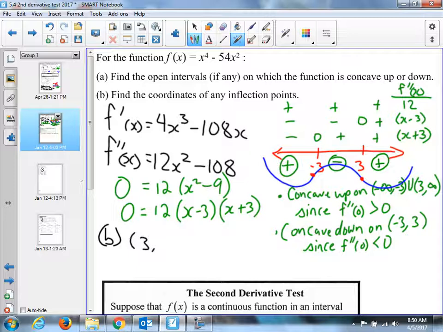Let's say minus 54 here, you guys. What do you guys get?